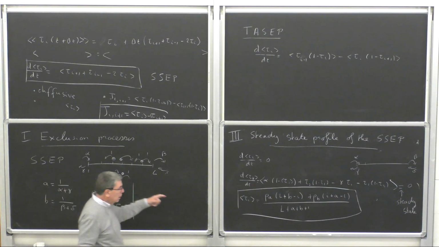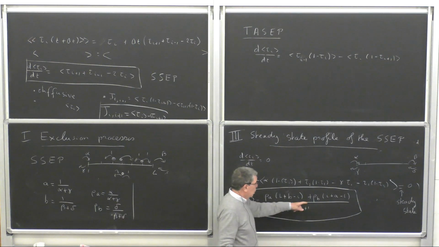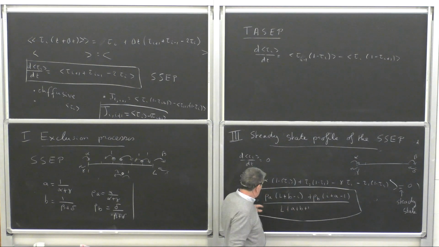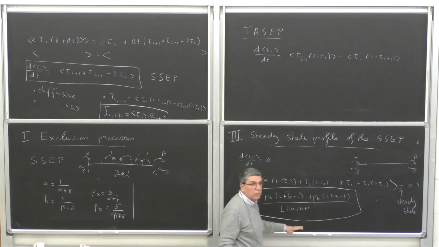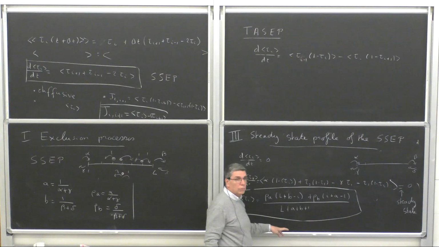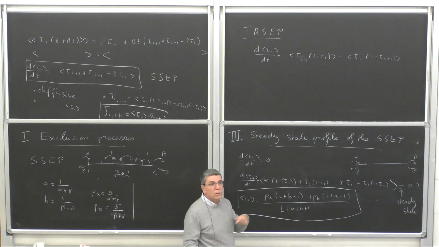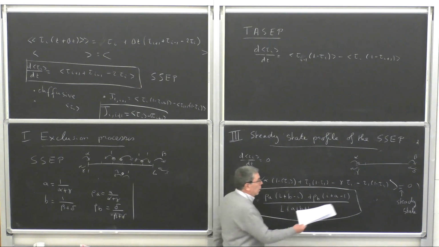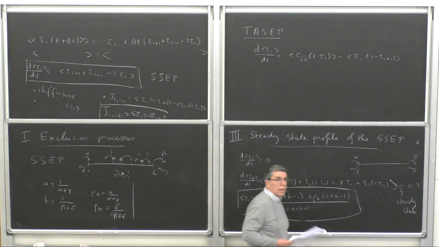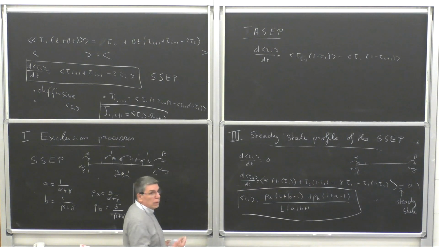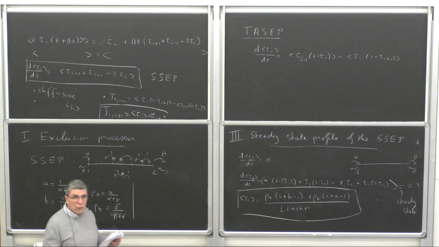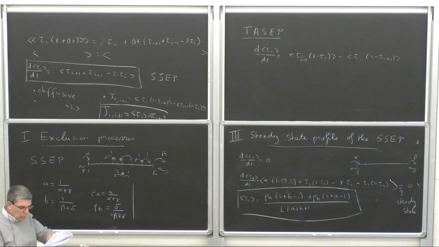Now, if A is very large, essentially the system is in density ρ_B, because when A is very large, only this term survives. So essentially the density is just that of ρ_B, and the same on the other side. So this already shows you that the strength of the contact is important in this problem.